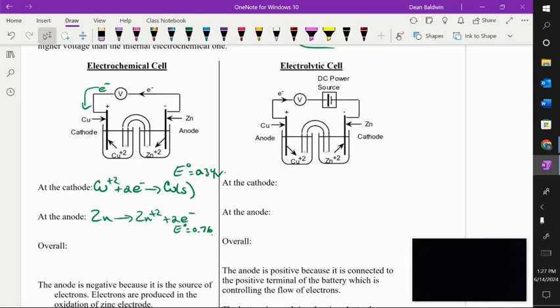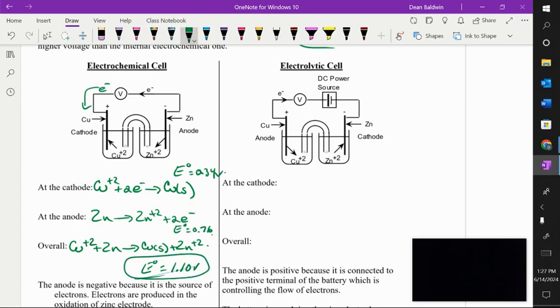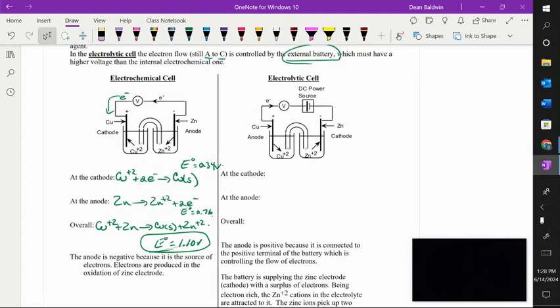So we get an overall reaction where copper 2+ plus zinc becomes copper solid and zinc 2+ with an E naught or reduction potential of 1.10 volts. Okay. We say the anode is negative because that's where the electrons are produced and then they move away from it. And this is all spontaneous.